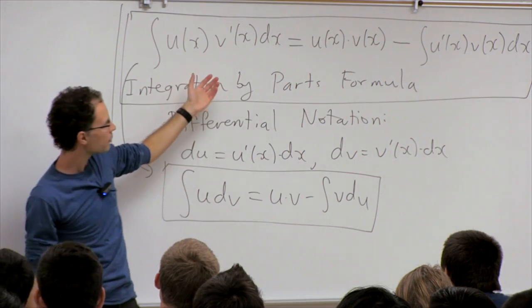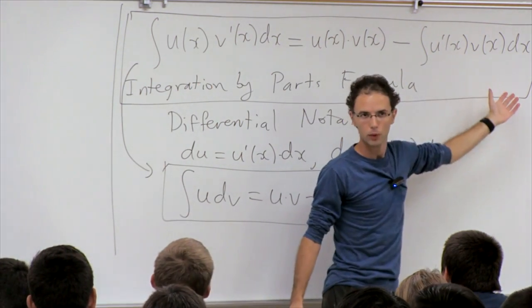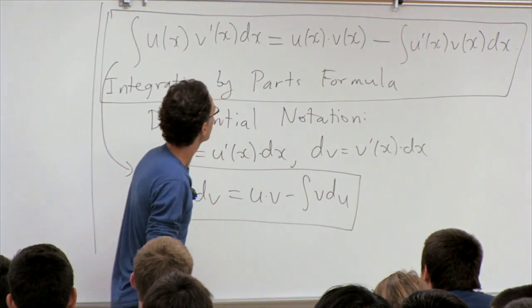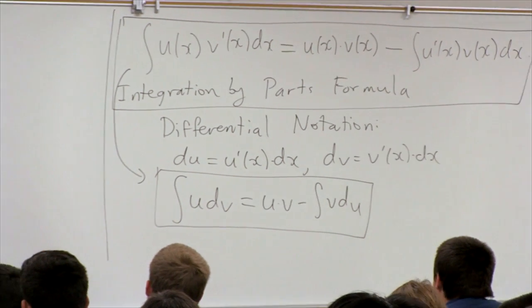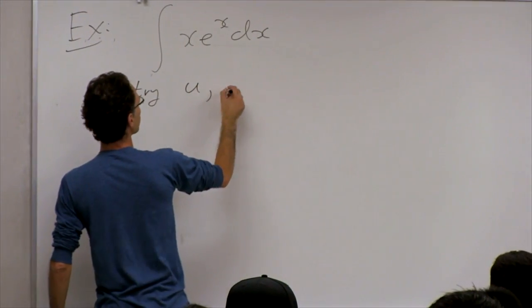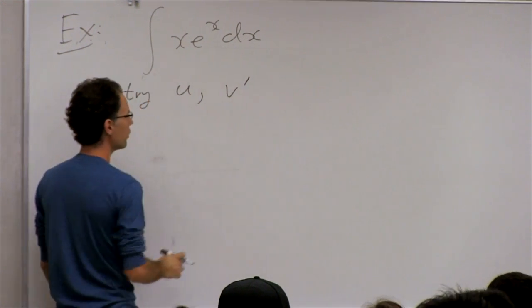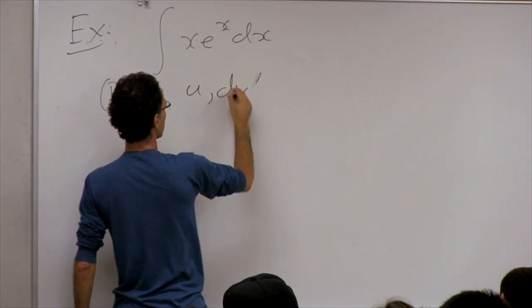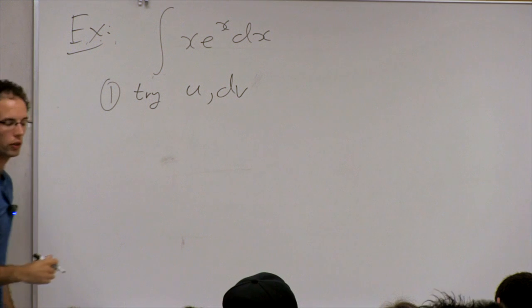Okay, and once we have that assignment, we're now going to see what does the rest of the formula tell us. So what we need, first of all, is to choose a u and v prime, which we write as dv. Okay, so we need to choose a u and dv.